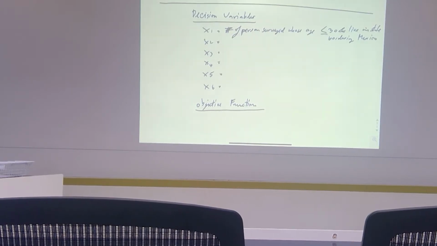So x2 is going to be the same, but the age range is from 31 to 50. x3 is more than 50.